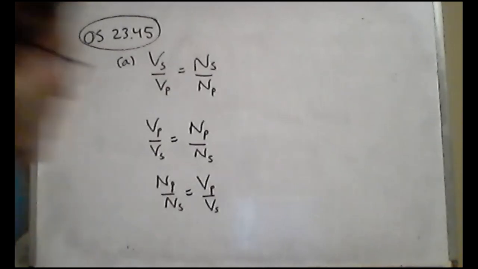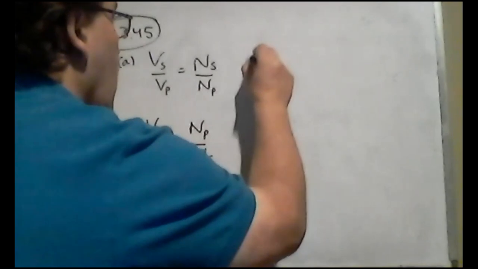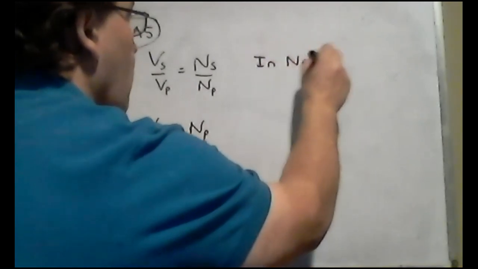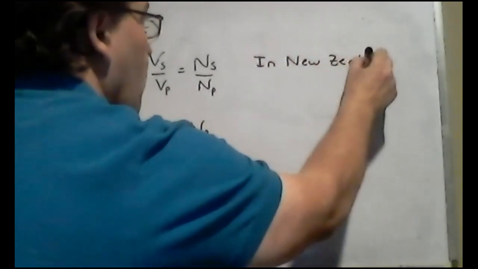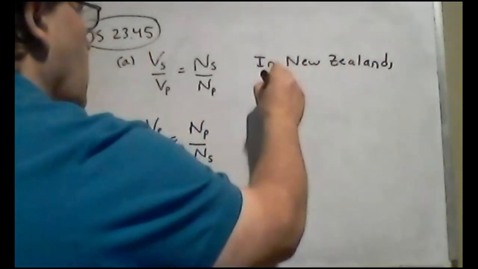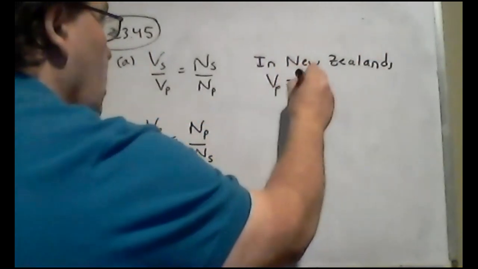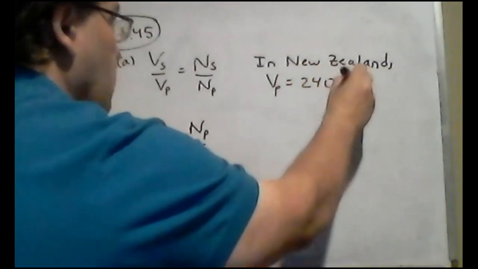So V primary out of the wall over there will be 240 volts.